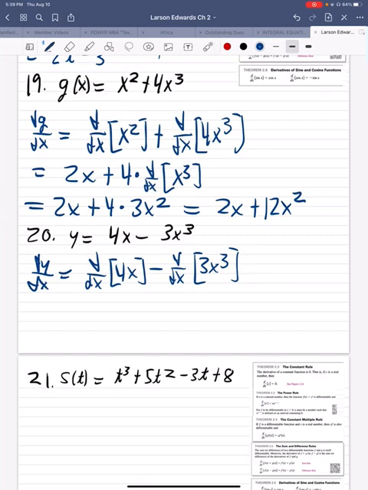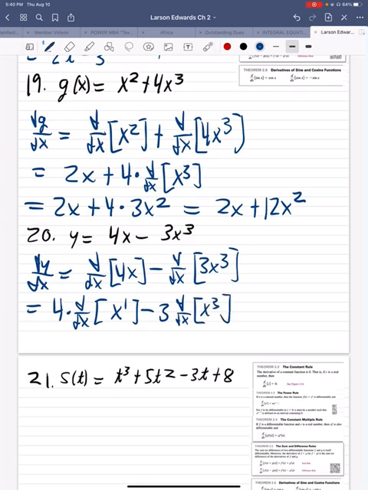These are both constant multiple and power rules. 4 times d dx of x to the first power, and then minus 3 times d dx of x cubed.